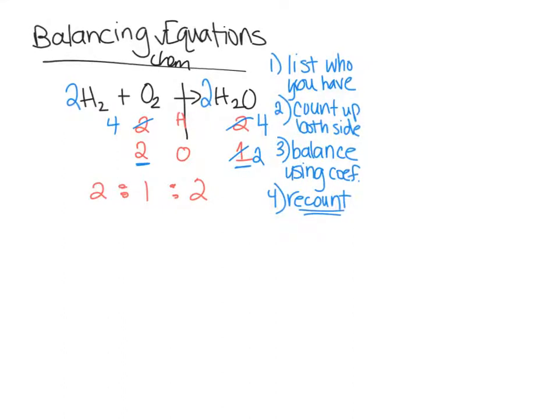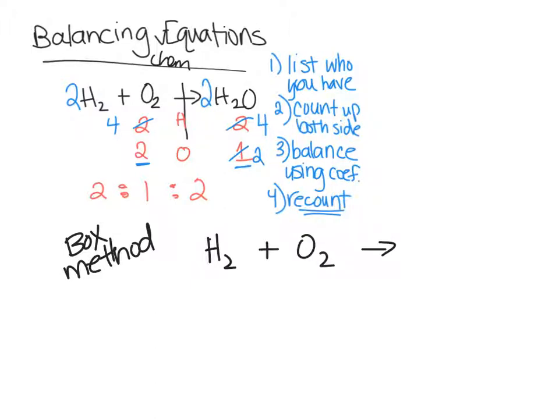But there's also the box method. Just label it off on the side, box method. We're going to use the same example so you can see it. I have H2, some O2, H2O. With the box method, what you're going to do is put molecules into boxes.